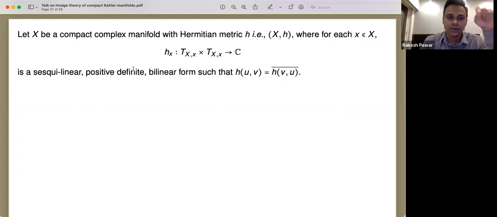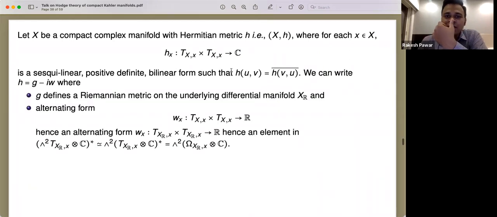Also, I want it to be positive definite and have the property that h(u,v) is the complex conjugate of h(v,u). So for every x there is h_x, and also I want this h_x to behave very nicely as x varies in different coordinates. Okay. So with that structure, we'll say it's a compact complex manifold with Hermitian metric.